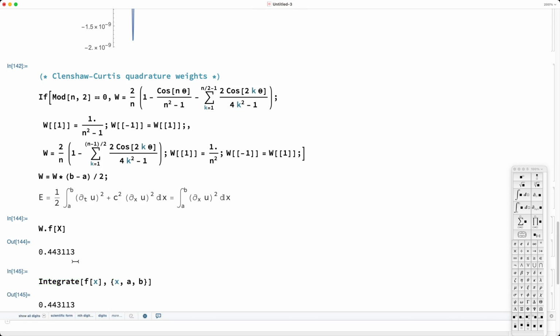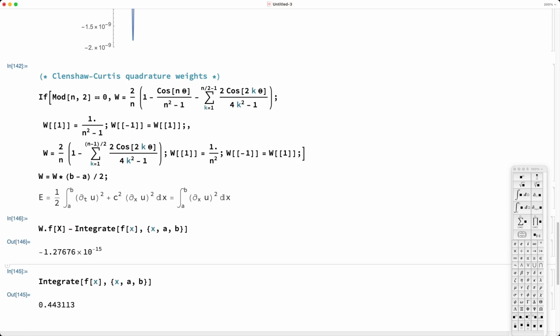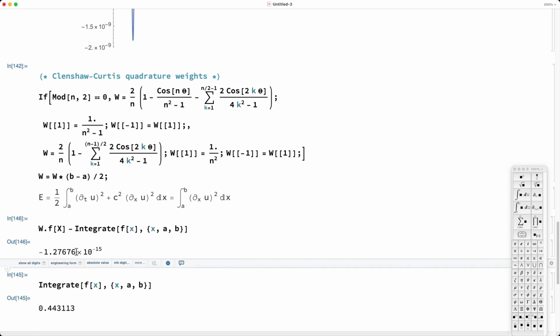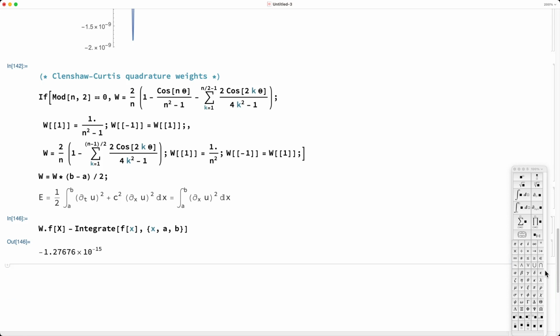So we get the same result. And let's actually subtract them from each other. So we see that it's quite accurate. The error is close to machine precision. Okay, so we know we can trust the Clenshaw-Curtis quadrature that we built here.